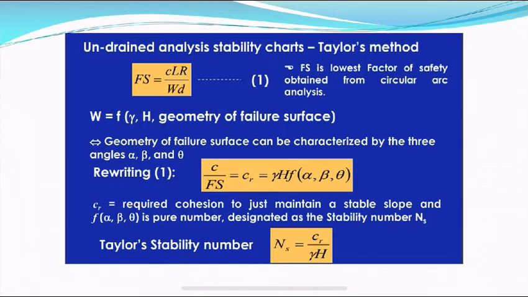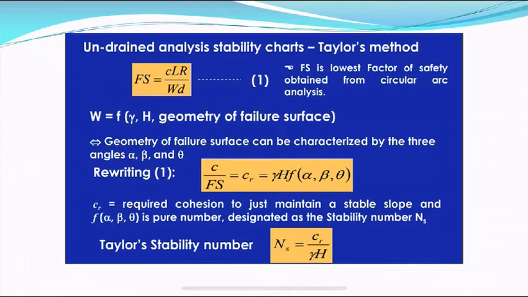With reference to the angles alpha, beta and theta, the weight is considered as a function of gamma H, and the geometry of the failure surface is represented in this form.